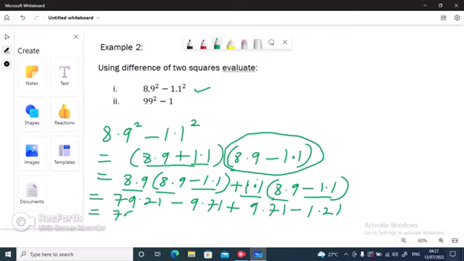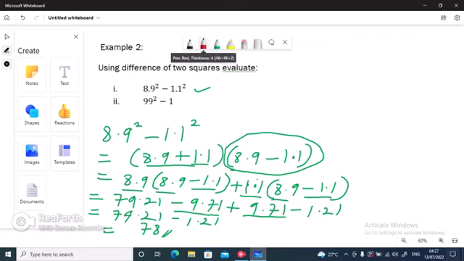So which is equals to 79.21, minus 9.79 plus 9.79, so we are left with minus 1.21. So which will give us 79.21 minus 1.21. We are left with 78 as the answer. So the answer is 78.